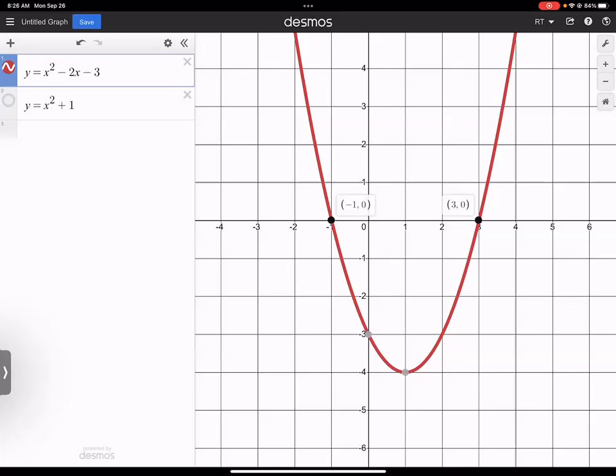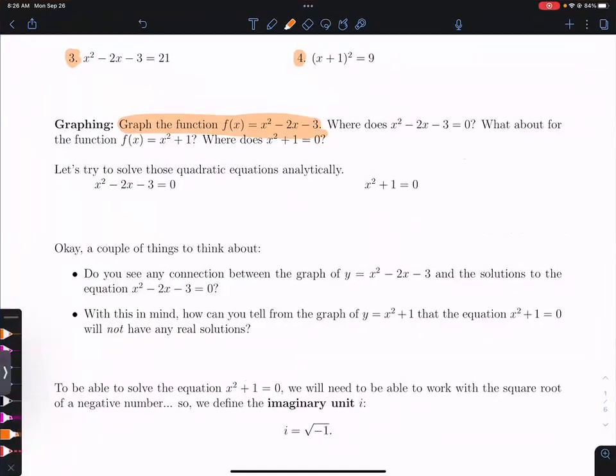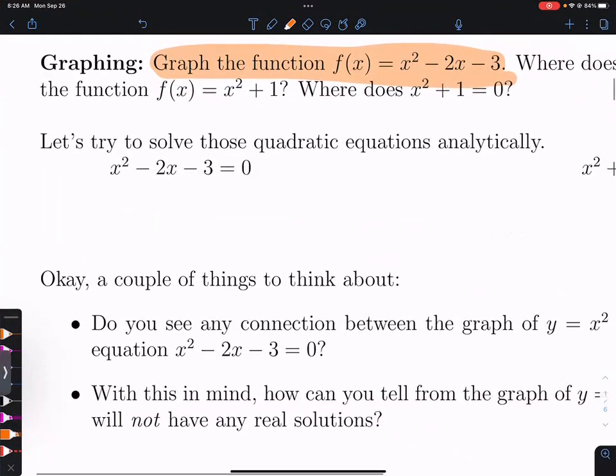Okay. Well, try solving that by hand. Anytime I say analytically, that just means by hand. Quadratic formula or factoring or whatever. x squared minus 2x minus 3.